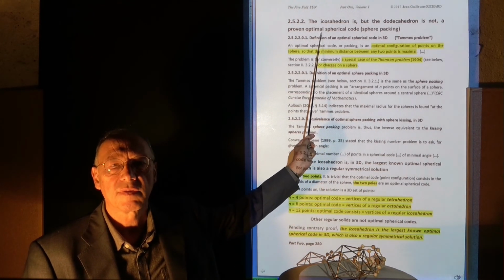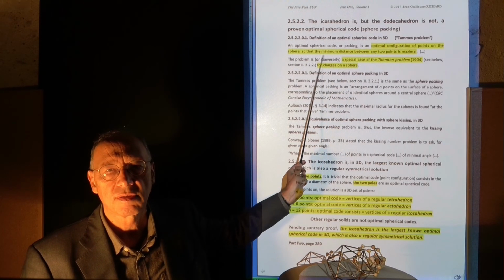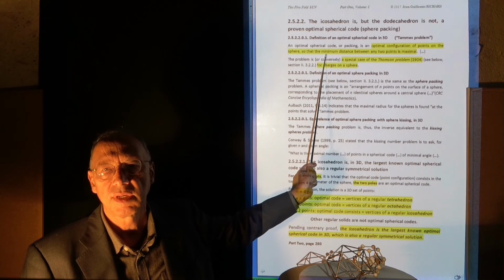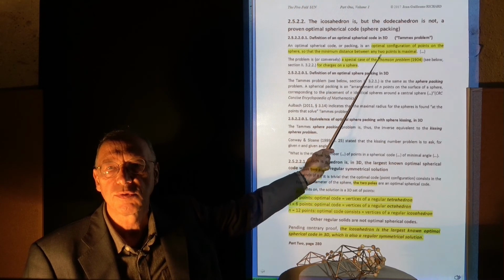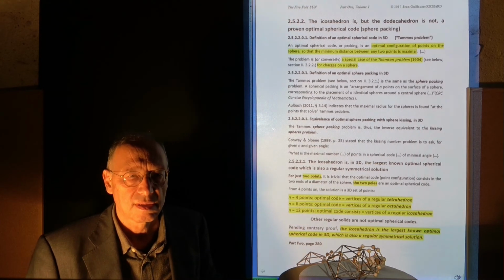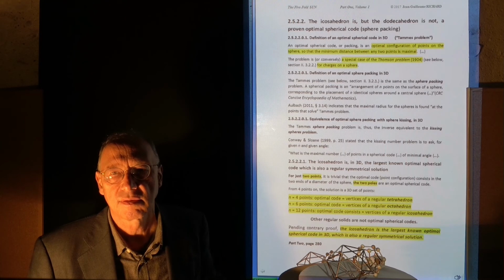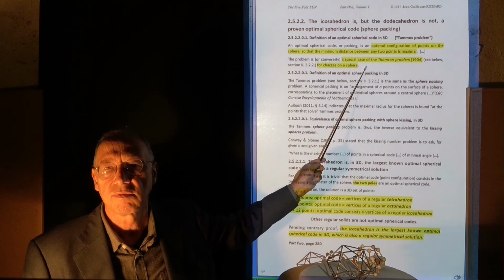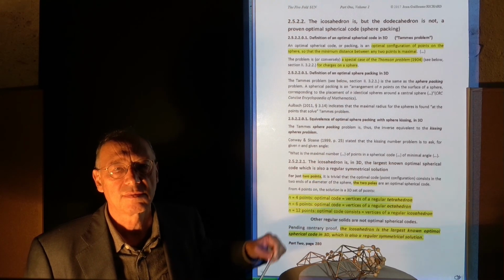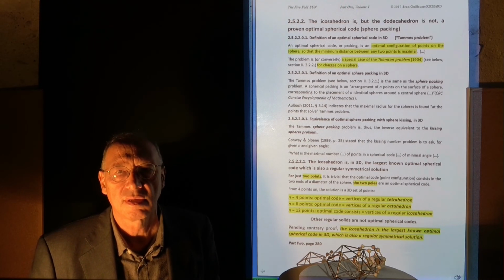An optimal spherical code is an optimal configuration of points on the sphere so that the minimum distance between any two points is maximal. It is interesting to note that it is a special case of the Thomson problem of 1904, which deals with the same issue for charges on a sphere.